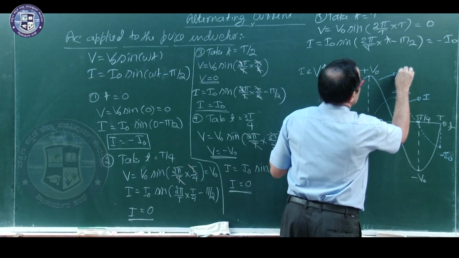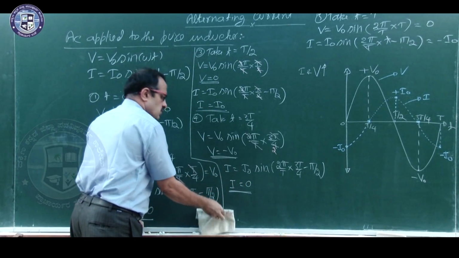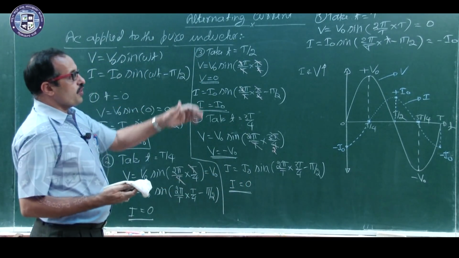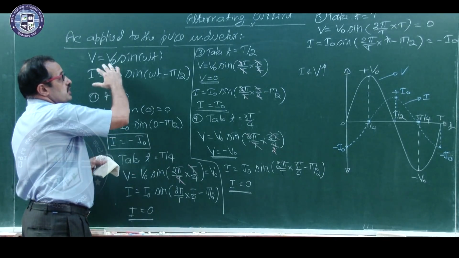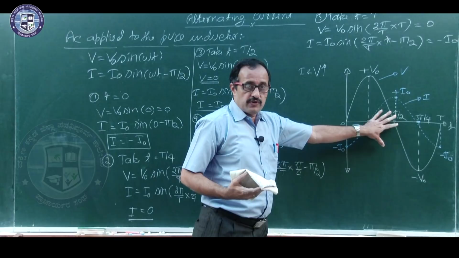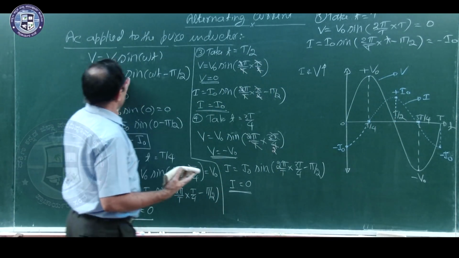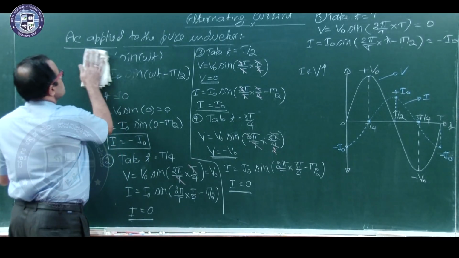It is the graph of voltage. So, it is the way to plot the graph, and in exam this part is not required, only this graph is required. If they ask, only give the graph, no need of writing all the points here.